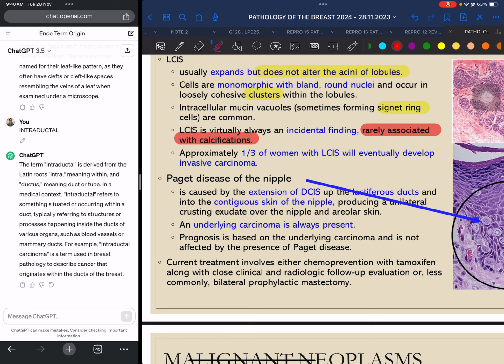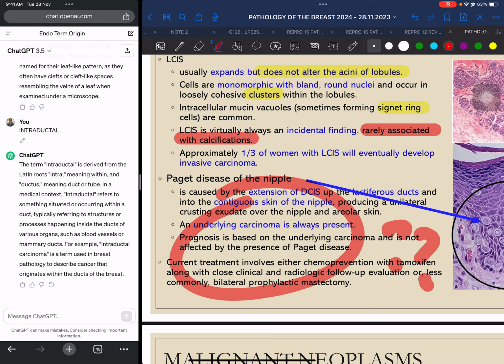The other type of lesion that we have to look at is Paget's disease of the nipple. This is caused by the extension of the ductal carcinoma in situ up into the lactiferous ducts and into the skin of the nipple. You see individual large cells within the stratified squamous epithelium of the overlying skin. These are the Paget cells.